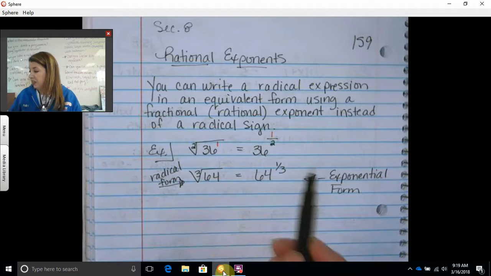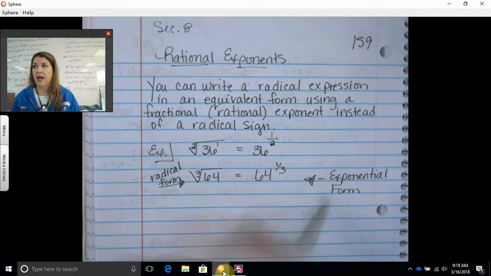Because sometimes if you were given, okay, what's 64 to the 1/3 power? To me, it's easier to think about it as the cube root of 64. So you could just switch it over, convert it to the radical form to be able to simplify it.